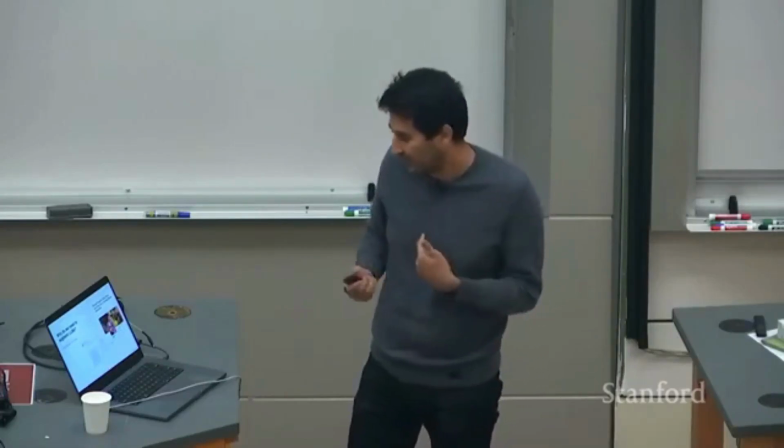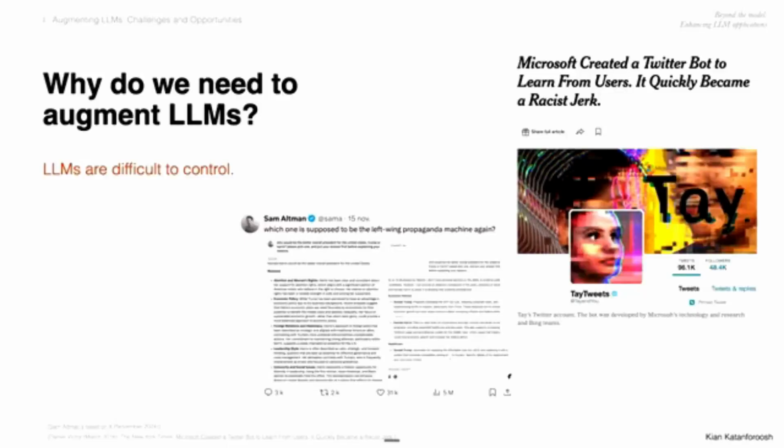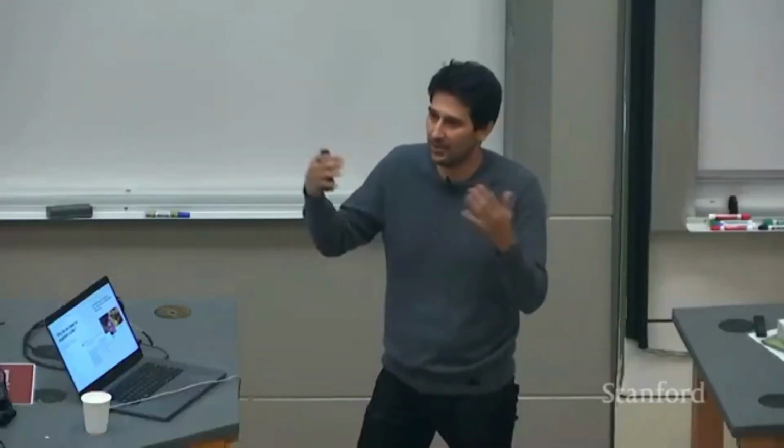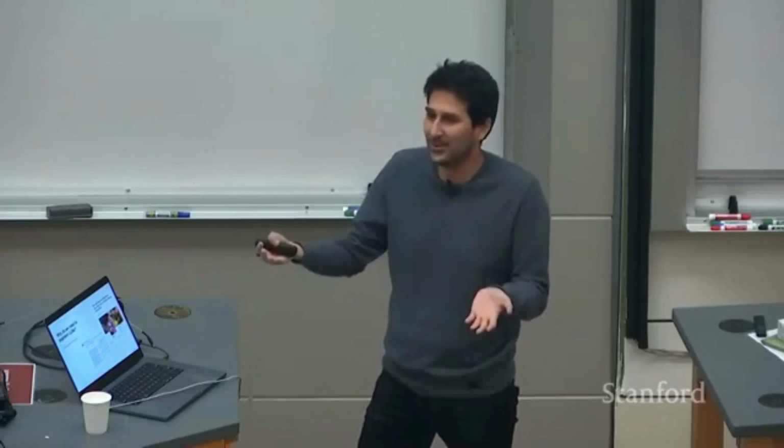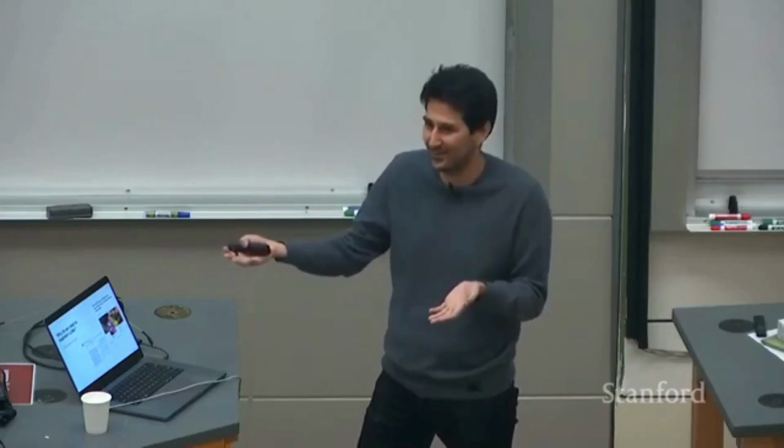Even more recently, this is a tweet from Sam Altman last November, where there was this debate between Elon Musk and Sam Altman on whose LLM is the left-wing propaganda machine or the right-wing propaganda machine. And they were hating on each other's LLMs. But that tells you, at the end of the day, that even those two teams, Grok and OpenAI, which are probably the best funded teams with a lot of talent, are not doing a great job at controlling their LLMs.